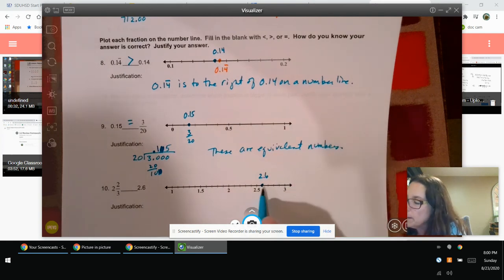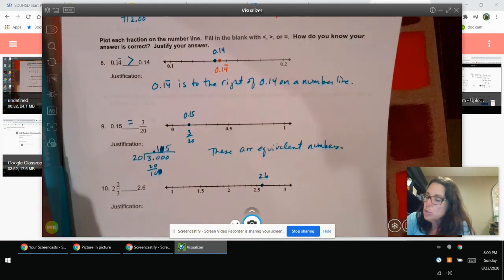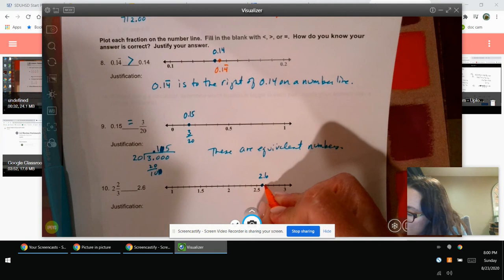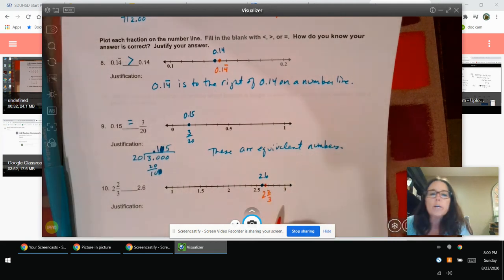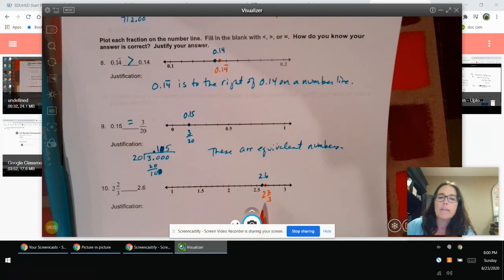Again, these are by tenths. And then the 2 2/3 is a hair past. That's 2 2/3. And again, we're always writing on the number line exactly how it's given. Notice I did not write 2.6 repeating bar. That's not what that is.